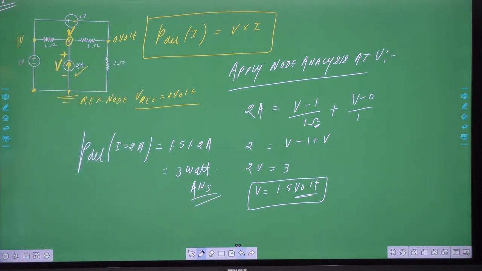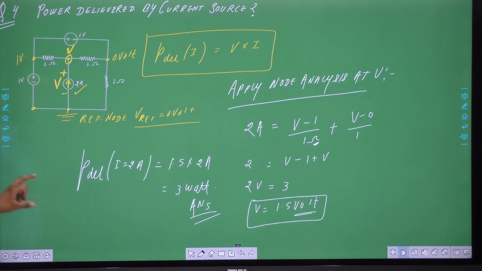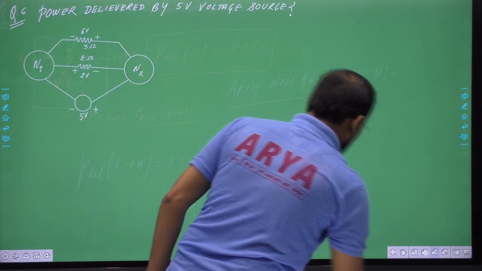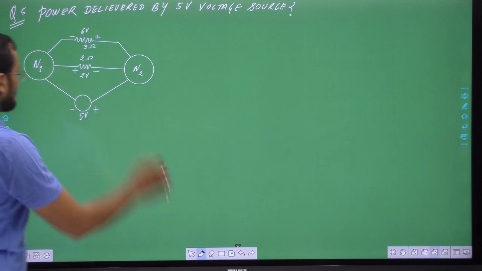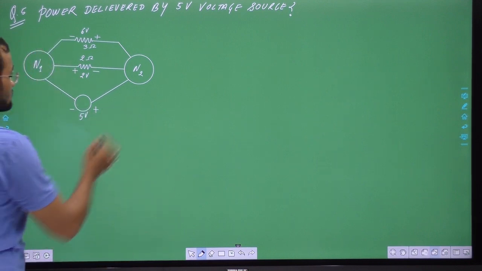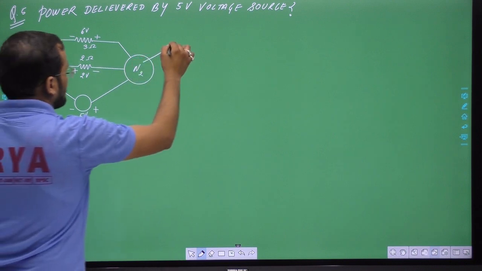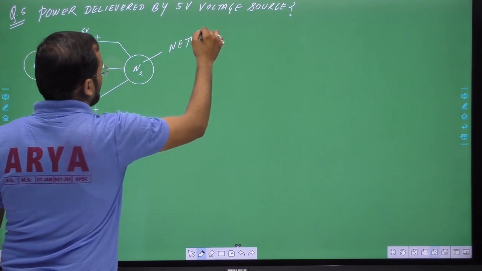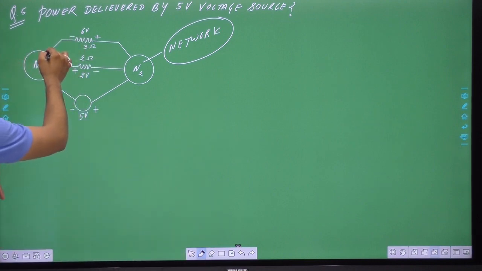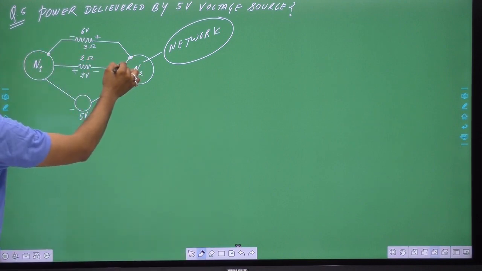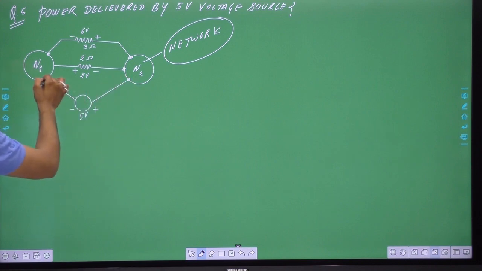Okay, this question is clear. Now I will move to the next question. This question is asking for the power delivered by the 5 volt voltage source. N1 and N2 are two networks. Don't get confused by thinking that these elements are in parallel.